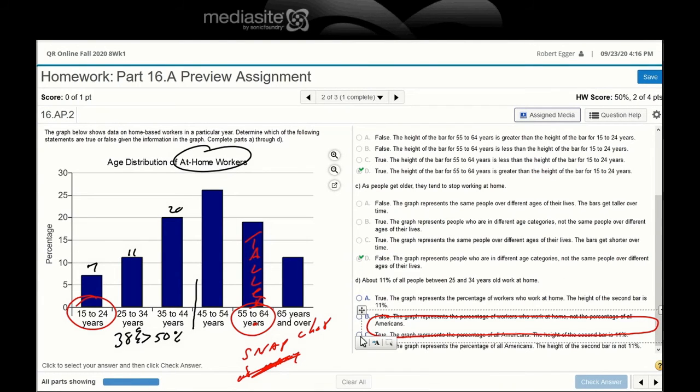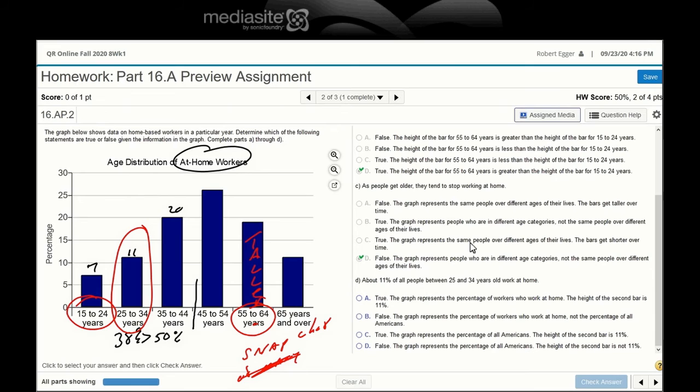Oh, one more. Let's see, about 11% of all people between 25 and 34 years old work at home.